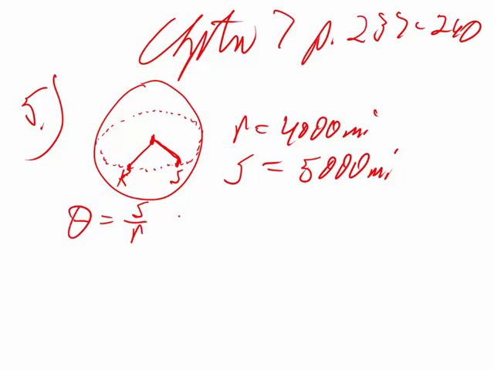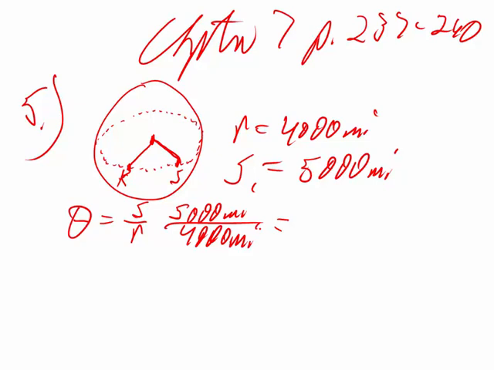The arc distance is 5,000 miles, and the radius is 4,000 miles.